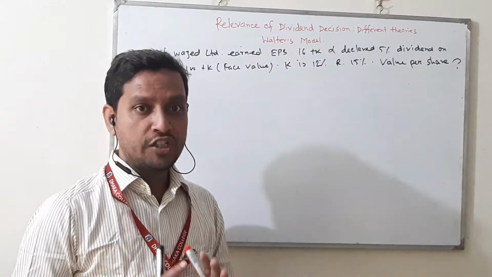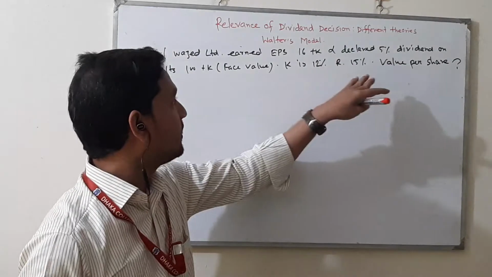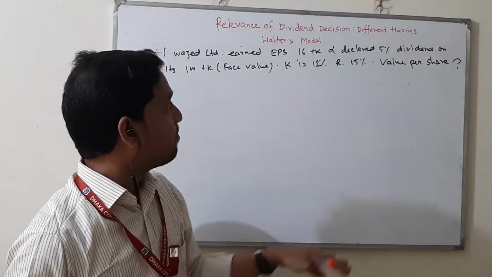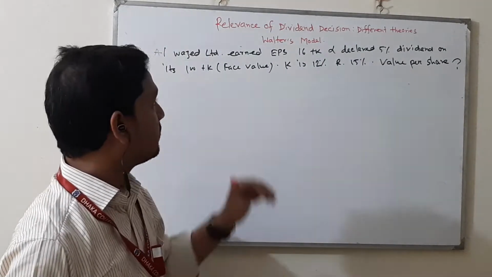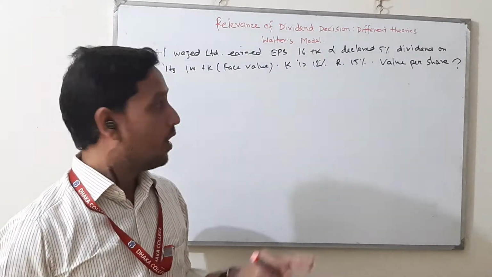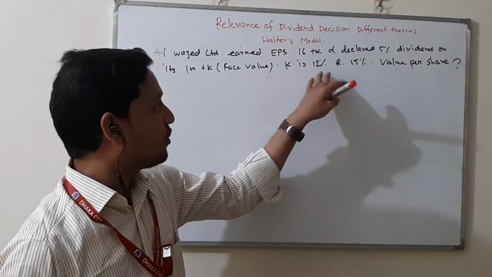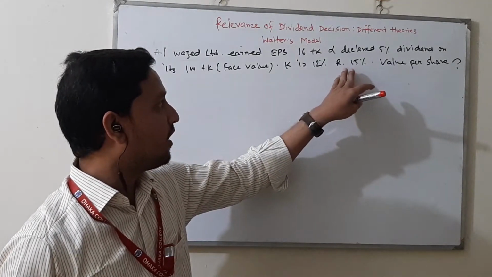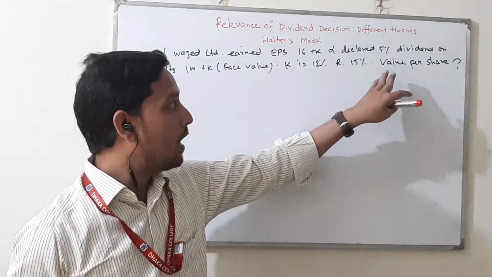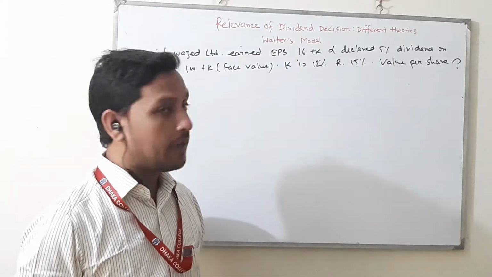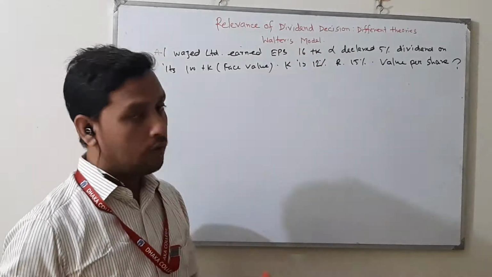Every share earns 16 taka, and declared 5% dividend on its 100 taka face value. Okay, so the cost of capital K is 12% and the internal rate of return is 15%. So what will be the value per share according to the Walter's model?